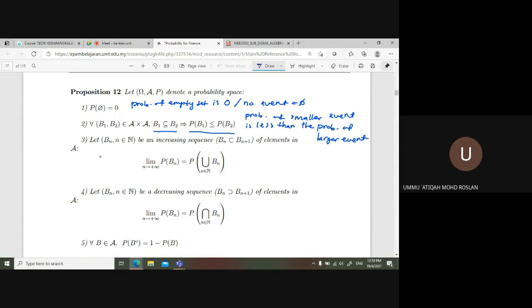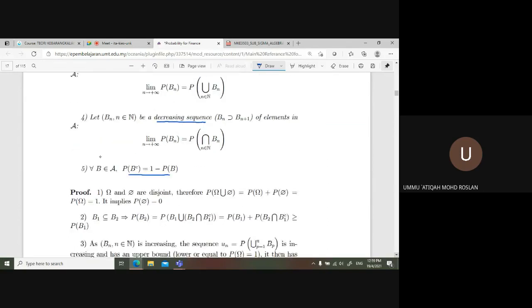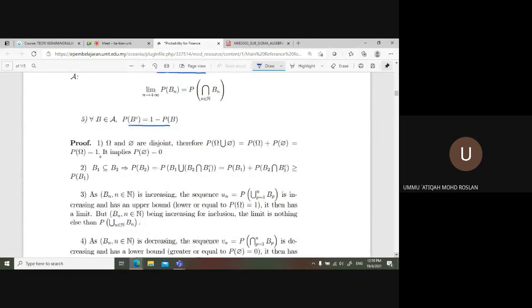Then we have more properties about increasing sequences and decreasing sequences. Property number 5 is as mentioned just now, and I believe you guys can read the proof by yourselves.